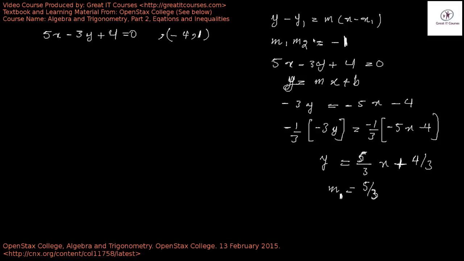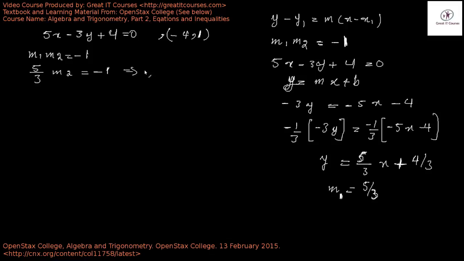Now we said that m1 m2 is equal to minus 1 because the two lines are perpendicular. So m1 m2 is equal to minus 1. Now m1 is equal to 5/3, so 5/3 m2 is equal to minus 1.